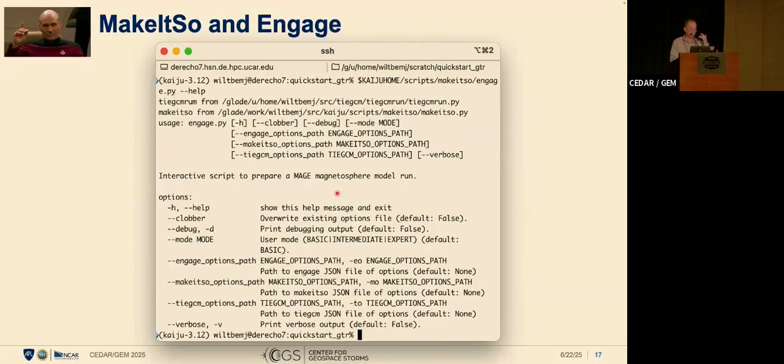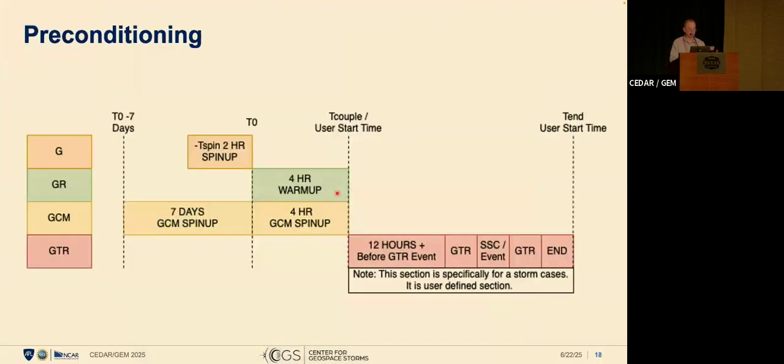Before I talk about the examples of what Make It So and Engage do, I wanted to cover a little bit of terminology and talk about best practices for setting up a run. What you see at the bottom line there is the user-defined section for the run, where we start coupling all of the various versions of the model together, and then go through the event that you want to look at.